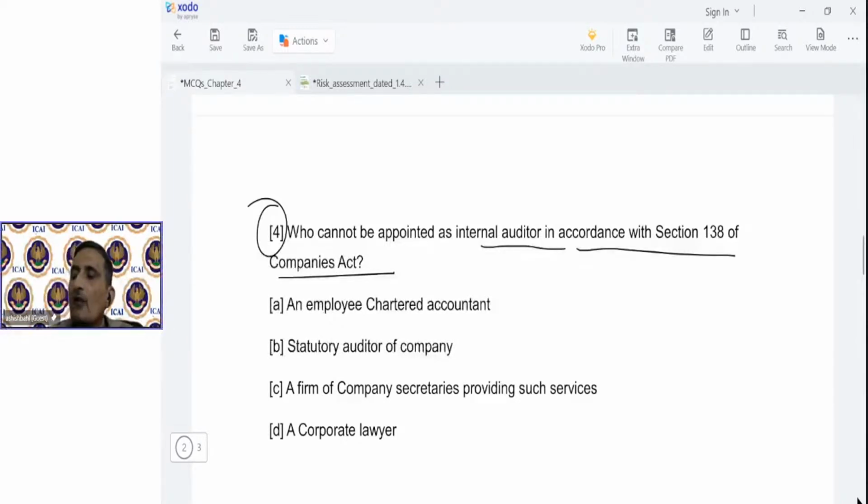So now we'll see what is the right option. The students who have given the right option, congrats to all of them. But let us see all the options one by one.